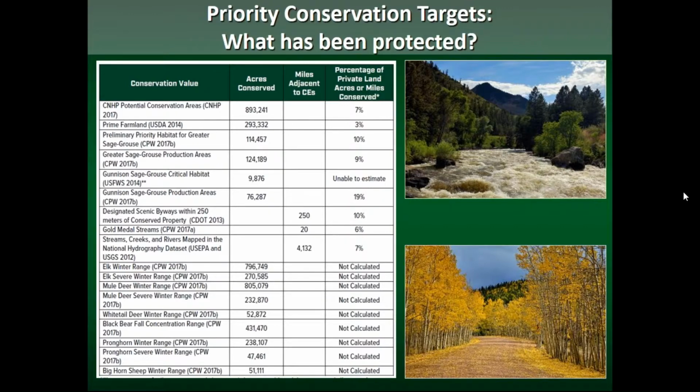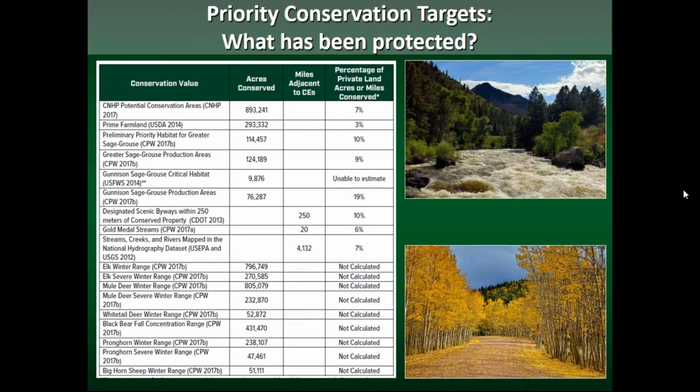So to look at what is actually being protected in greater depth, you can see some of these areas that have high conservation value are being tracked with the data that Mike and his shop are looking at. And we have the number of acres of these important areas that are being protected, and then those areas that are adjacent to conservation easements, as well as those that are actually being protected by the conservation easement program.